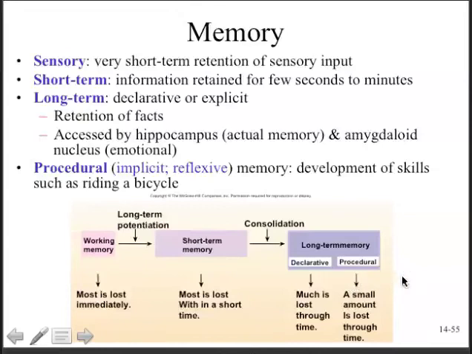And an explanation for that, the best explanation I've heard, is that this represents a more primitive survival mechanism than declarative memory. Procedural memory can act in organisms that don't have an extensive cerebral cortex, for instance.